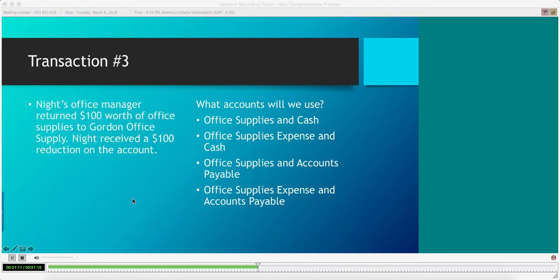So, next one, it's one of the most common ones that are missed. Knight's office manager returned $100 worth of supplies to Gordon Office Supply, and Knight received a $100 reduction on the account.